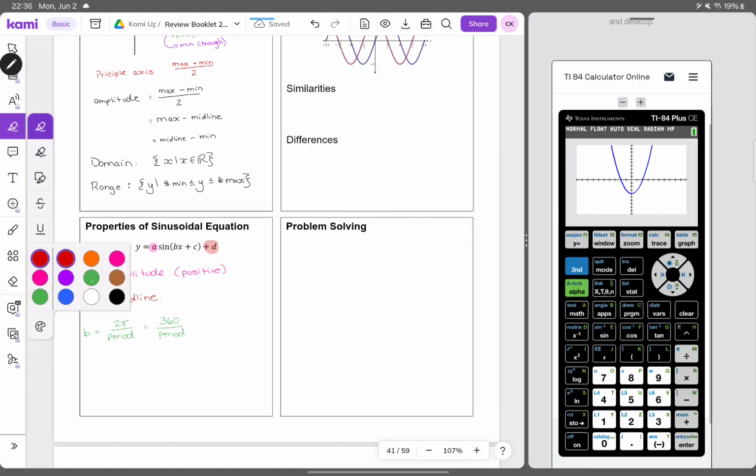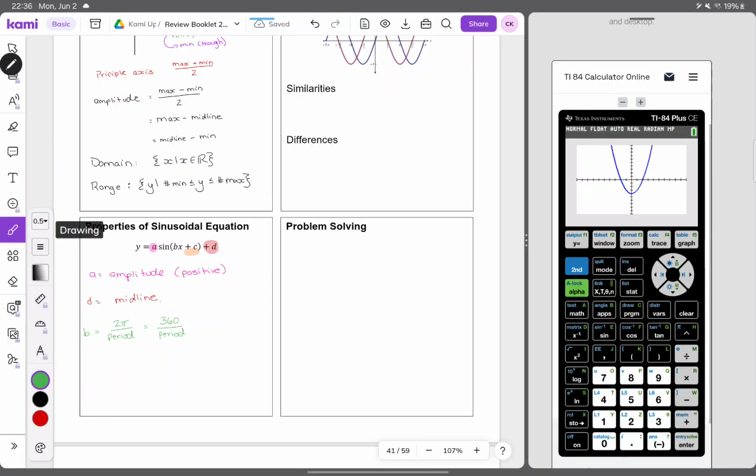And the last letter that we have here is this C. So C is what we call either a phase shift or a horizontal translation. So it moves our graph left or right. In this unit, we basically have to be able to say yes or no, it exists.